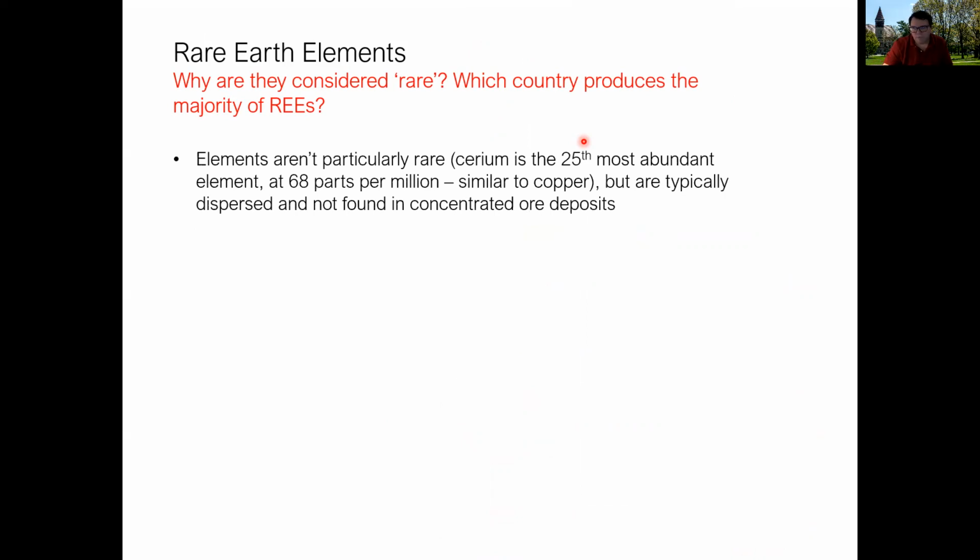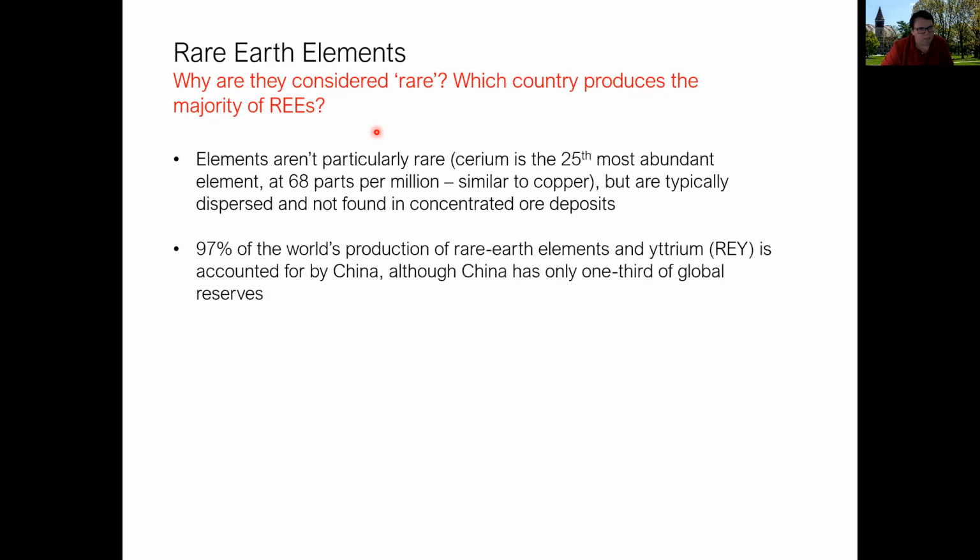Cerium is the 25th most abundant of the 92 naturally occurring elements, so it's actually in the top third of most abundant elements. But they're typically dispersed and not found in concentrated ore deposits, so they cannot be found in porphyries or other igneous intrusions or geothermal epithermal deposits, where things like copper and zinc are concentrated and can be mined.